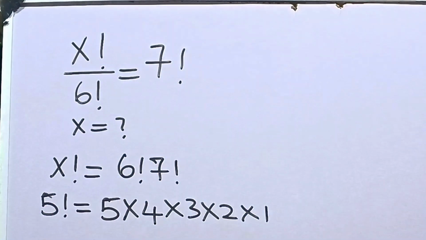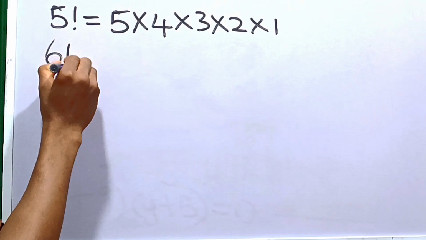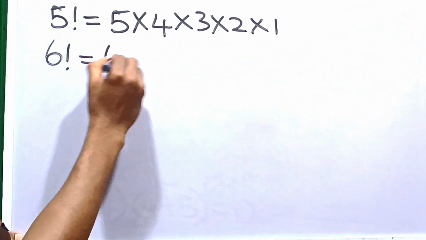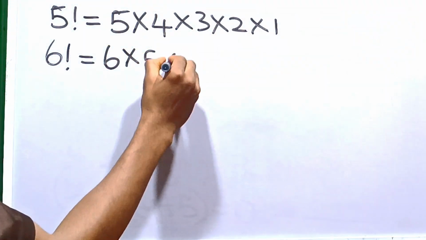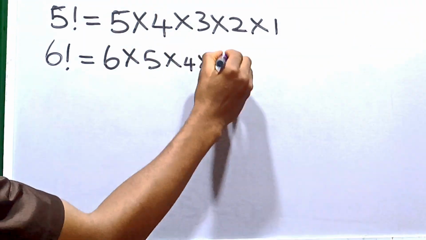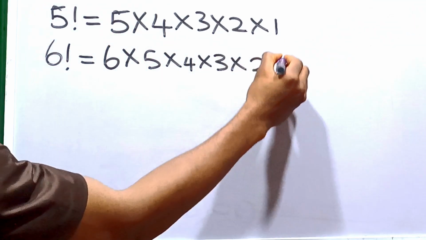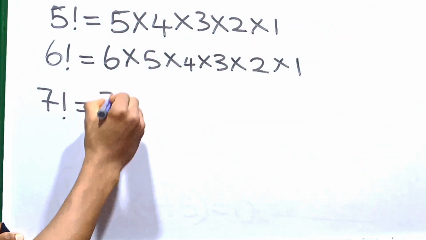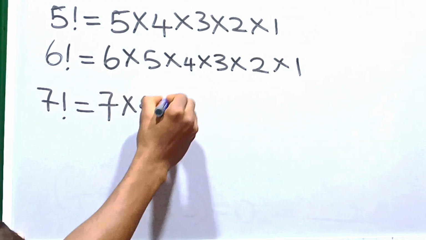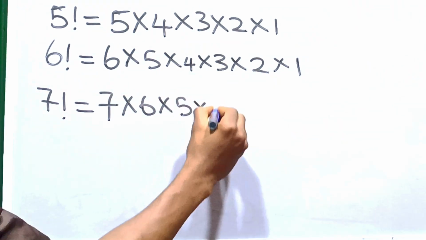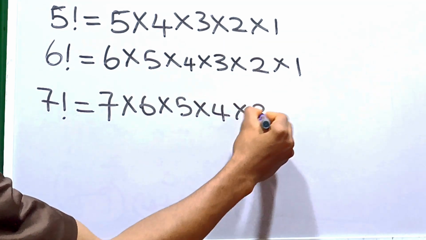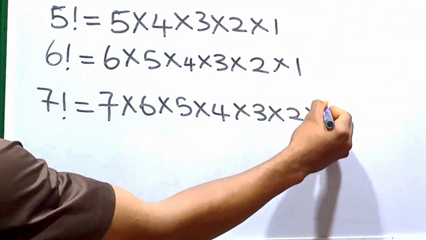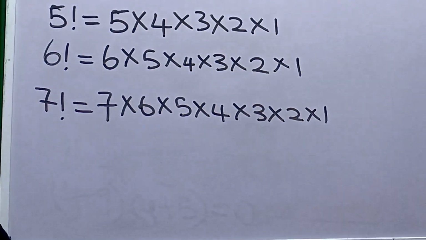So it means that 6 factorial is equal to 6 times 5 times 4 times 3 times 2 times 1. 7 factorial as well is equal to 7 times 6 times 5 times 4 times 3 times 2 times 1. Okay, so this is what both of them are.